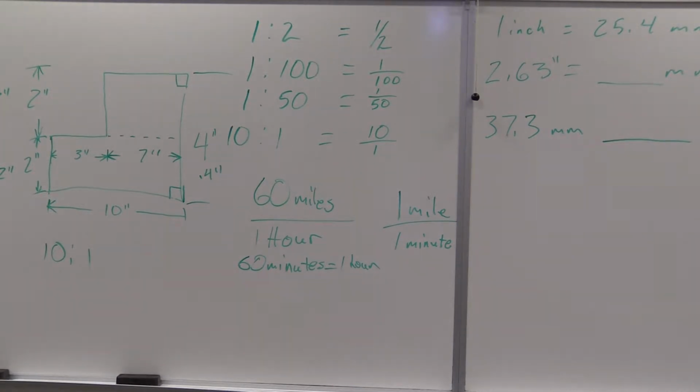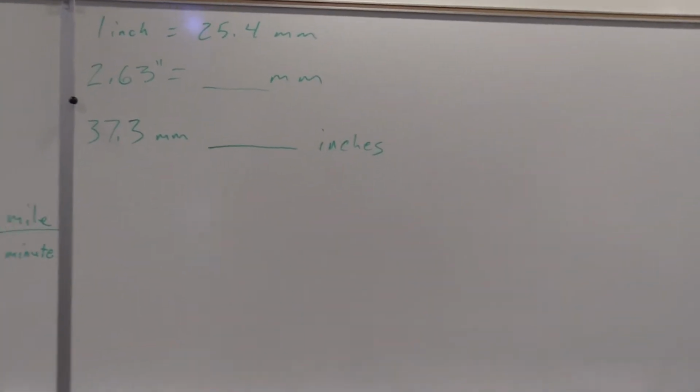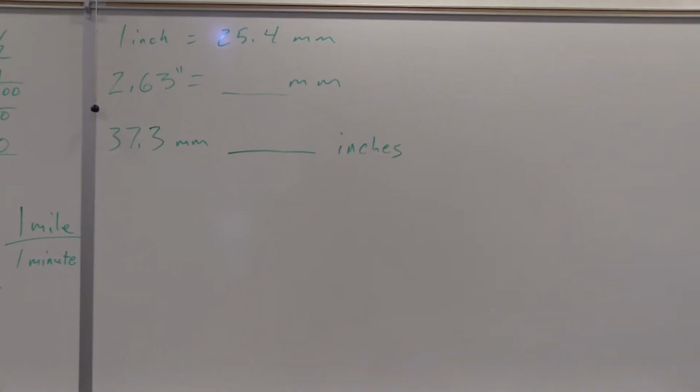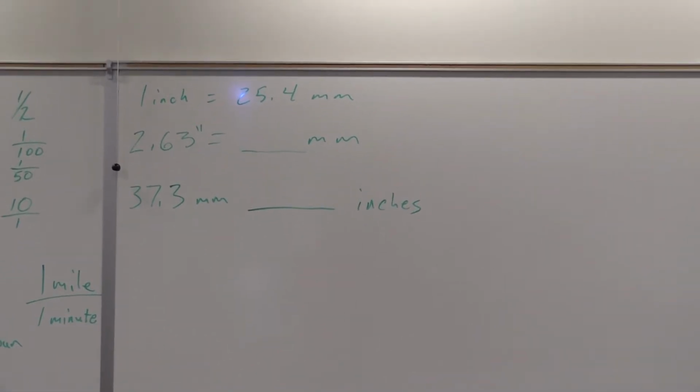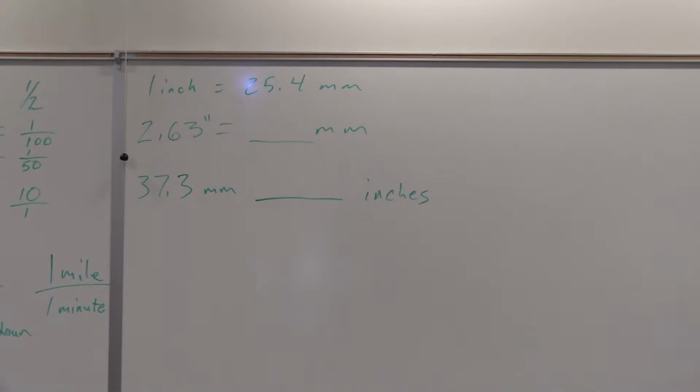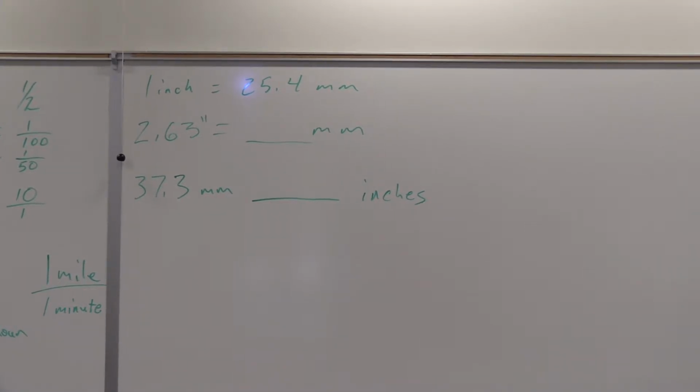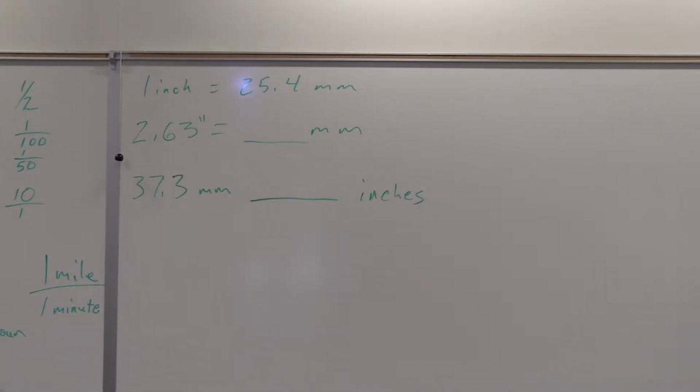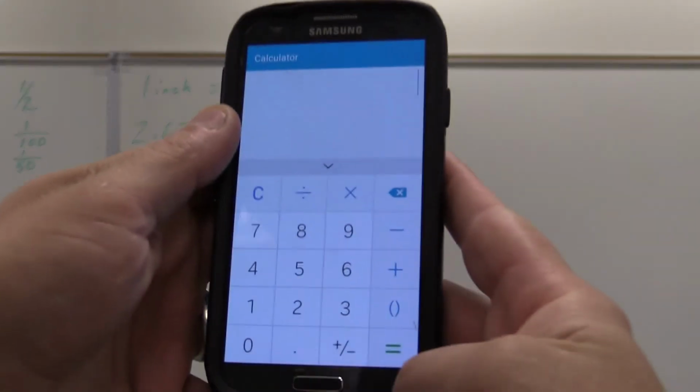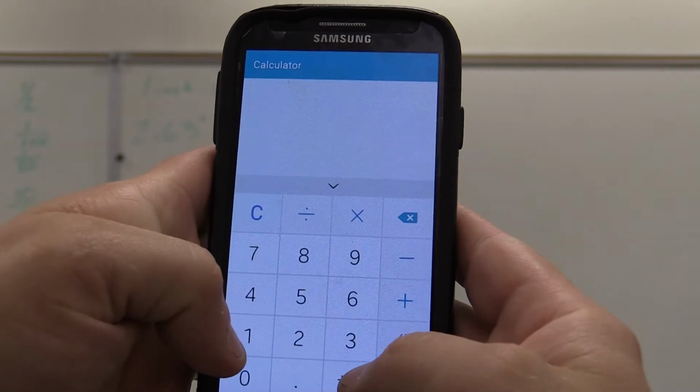All right, the next portion is going to be converting English to metric. So it gives us our scales that 1 inch is equal to 25.4 millimeters. Okay? So what we want to do is figure out, if we measure something that is 2.63 inches, how do we correct this?